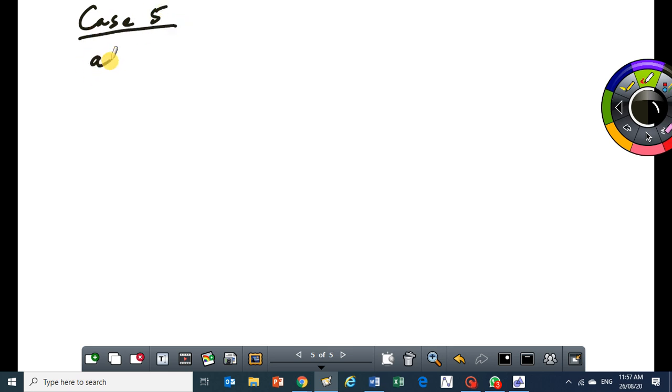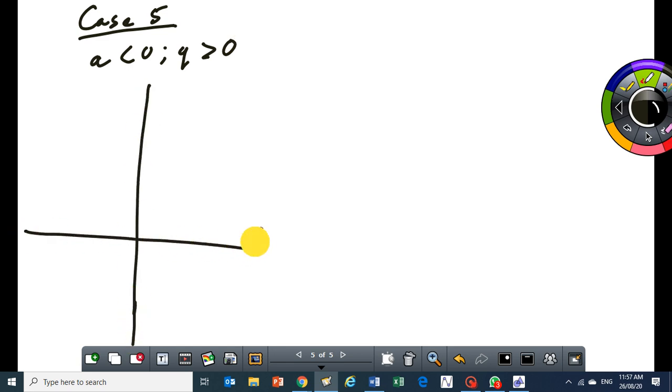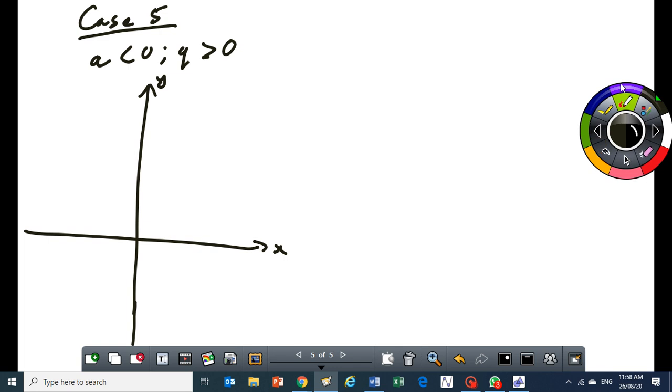So a will be negative, but we are going to make q positive. Okay? Now if q is positive, it means q is above the x-axis. So we can have our q somewhere there.